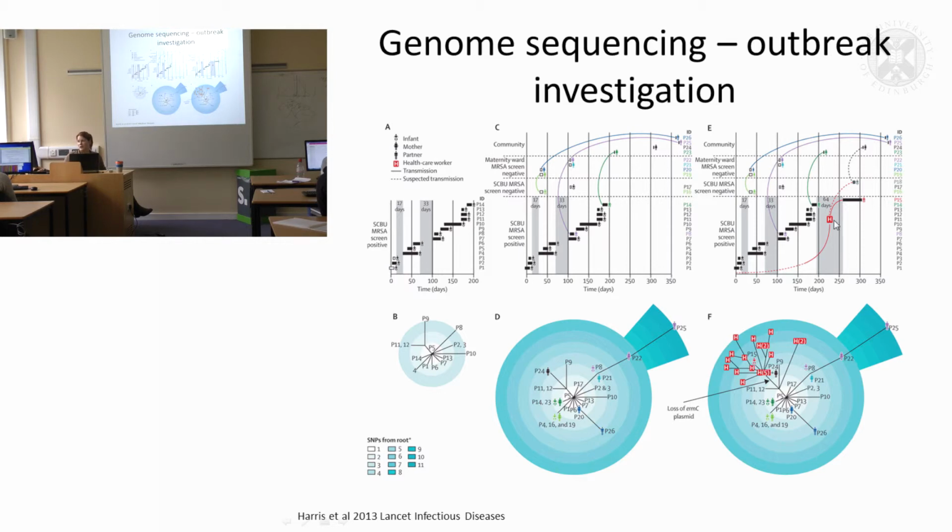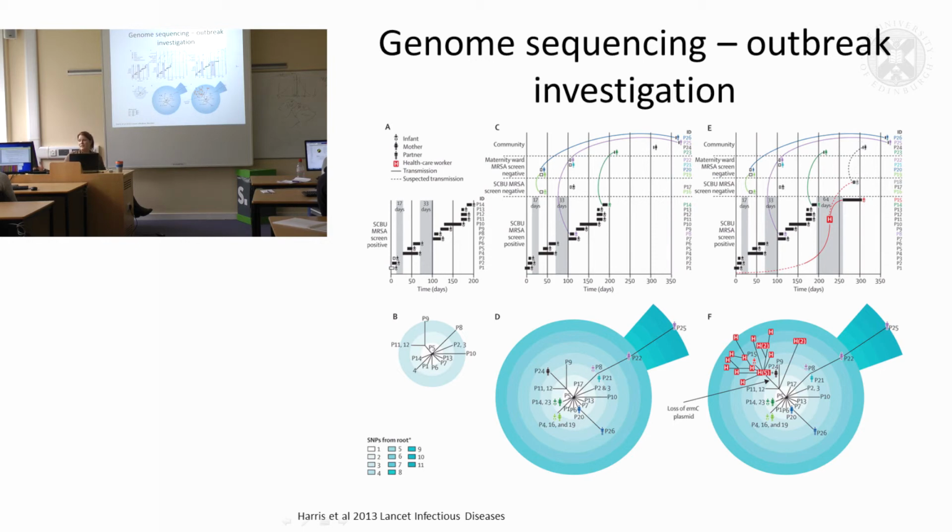They showed through whole genome sequencing that this member of staff, even though none of the patients had MRSA during that time, brought MRSA back into the ward and infected this child. And they think it probably infected this child because the mother was found to be carrying MRSA, even though the baby didn't. So the baby probably transmitted it, even though the baby was clear of MRSA.